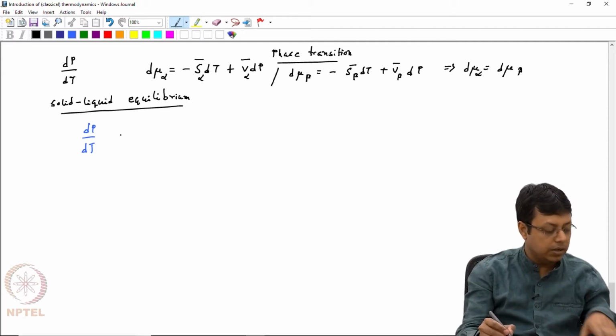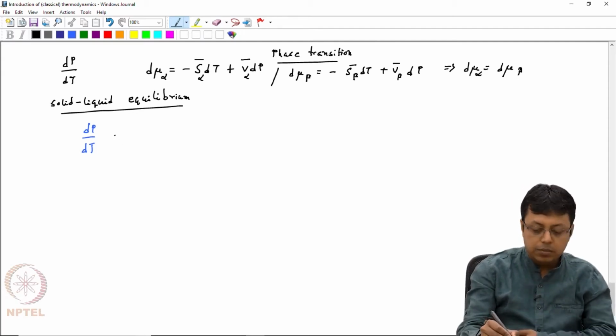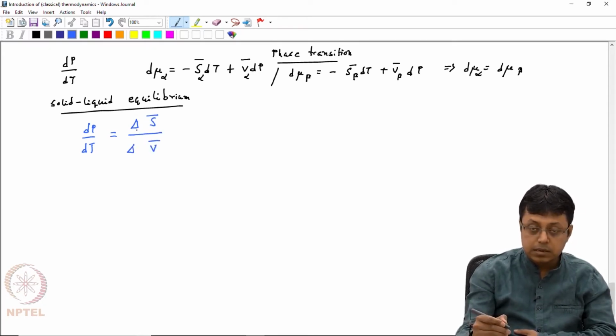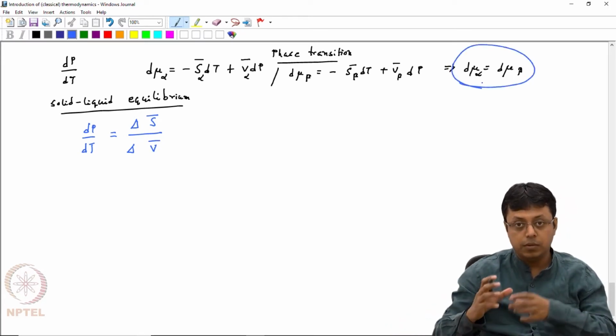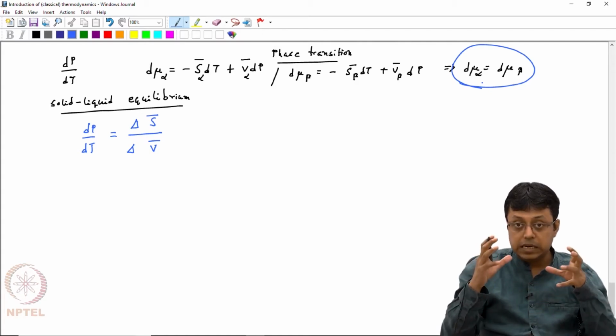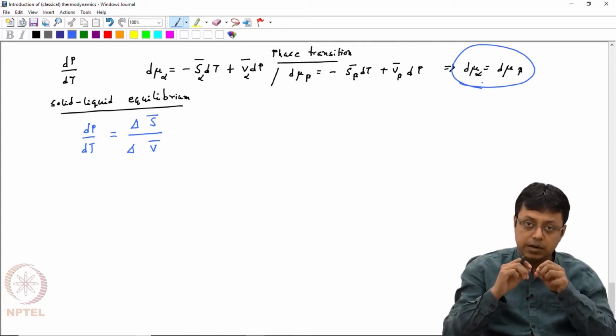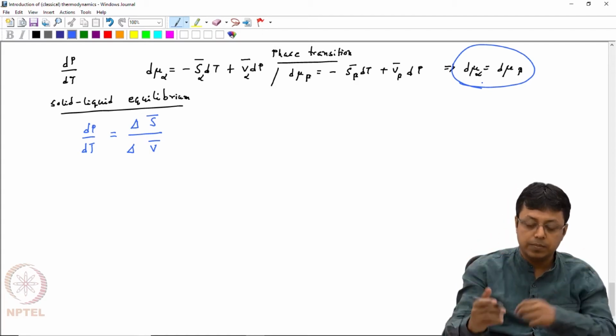Then what you will see is that dp dt is nothing but the change in the molar entropy, S bar, divided by the change in the molar volume. Now this is the change during a phase transition, because only for the phase transition we have this condition that d mu alpha equals d mu beta, because the two phases are in equilibrium, which means the Gibbs free energies are equal or the chemical potentials are equal.